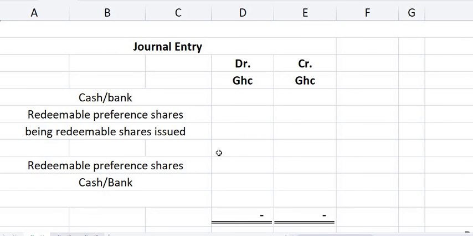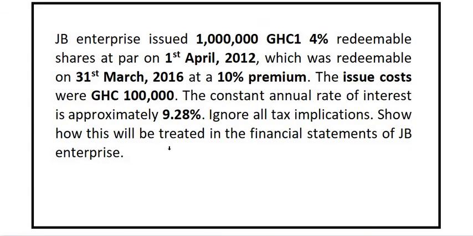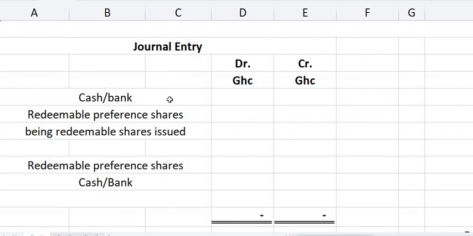We shall pass a journal entry to reflect the transaction at inception. It is always good to do that. Since JB Enterprise issued the shares and sold them, it received cash, and since it is a financial liability, it has to be credited.